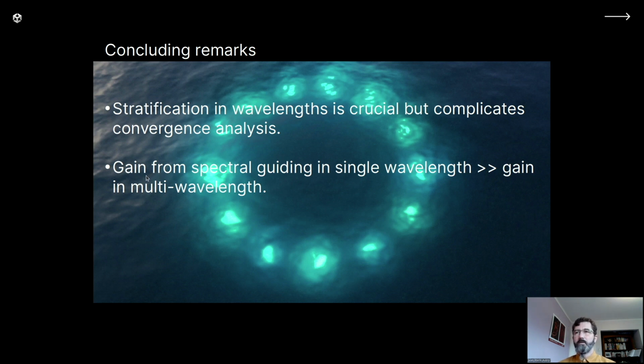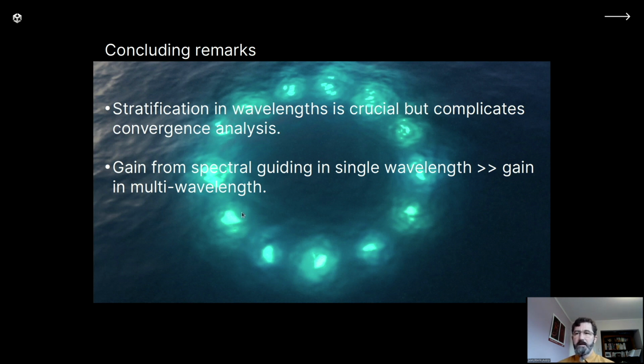when sampling a single wavelength, you see huge gains from going from a uniform distribution to a non-uniform distribution, something that is tailored to the characteristics of the picture. So that's the whole spectral guiding part.